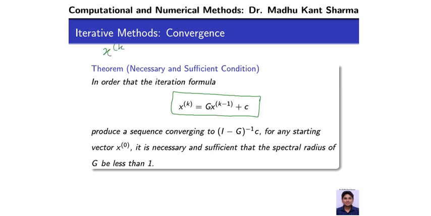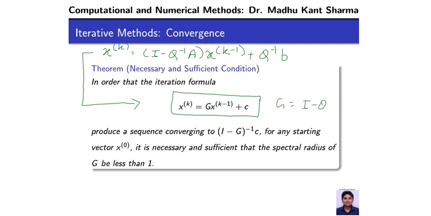Theoretically, we rewrite xk equals (I minus q inverse A) x of k minus 1 plus q inverse b. This is the general iterative scheme for a general splitting matrix. If you wish to write in this form, then G equals I minus q inverse A and c equals q inverse b. So you can adjust the things.